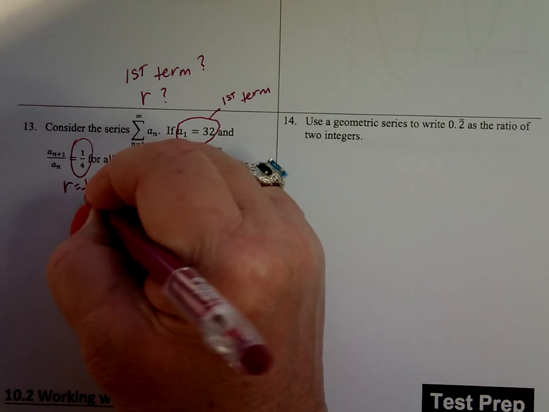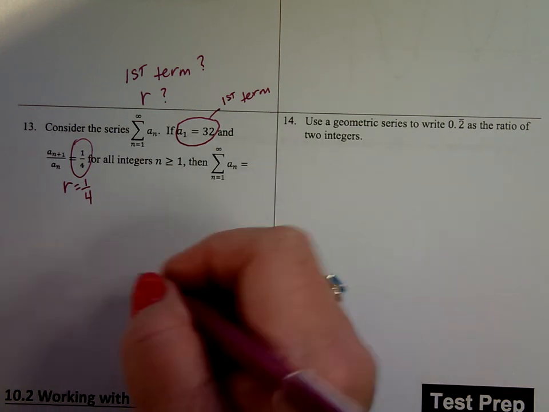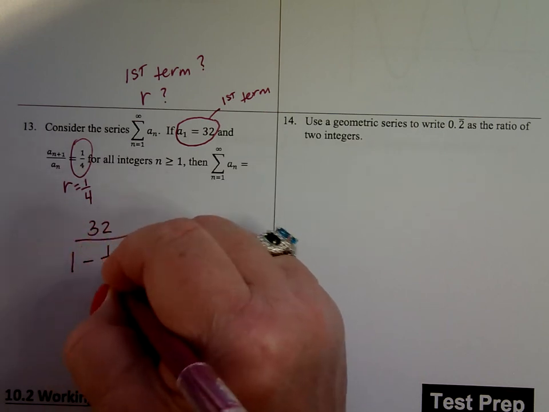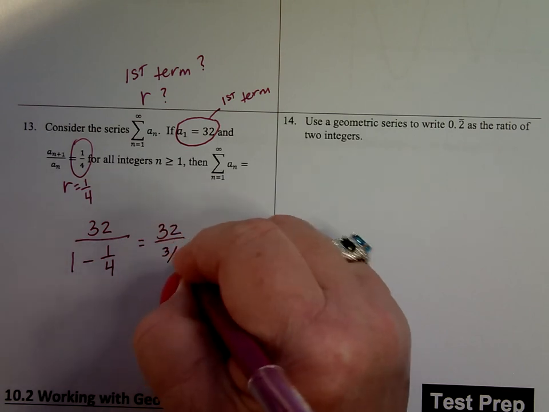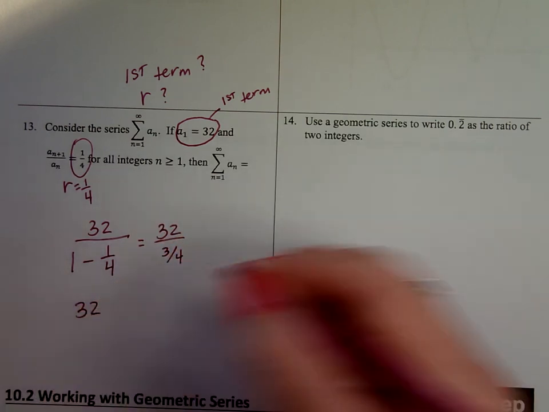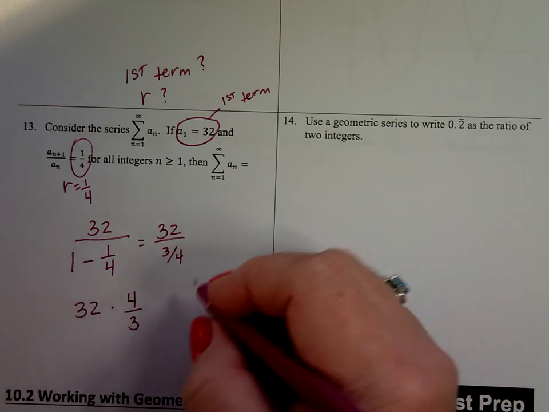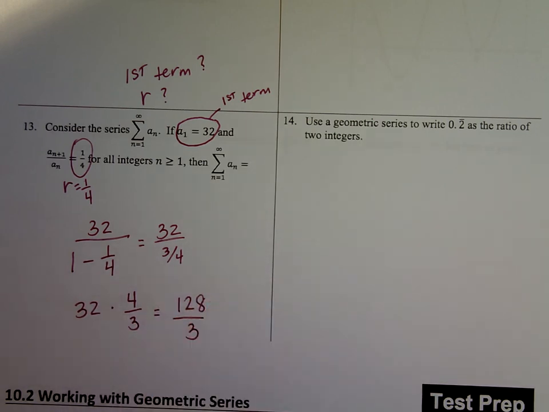And if you can decipher that from that verbiage, then the rest of this is pretty easy, because all you need to do is put it in your formula. Take the first term, 32, divide it by 1 minus r, and there it is. So you just finish it out. 32 over 3/4 is 32 divided by 3/4 times 4/3. And so you end up with 128/3. And that's what the sum would be with those conditions.